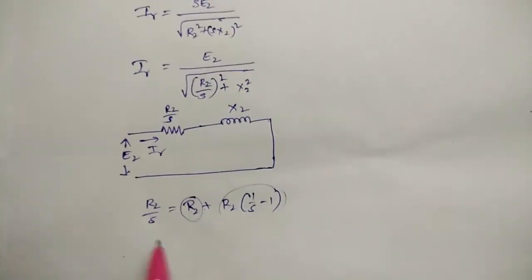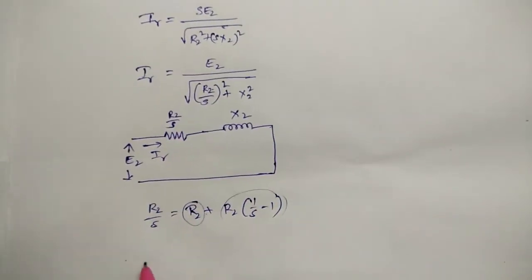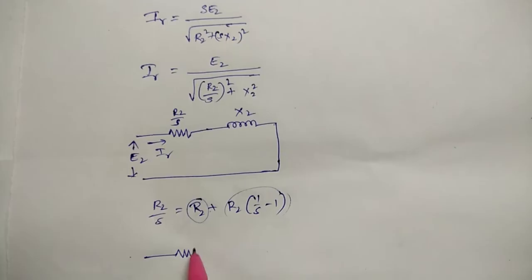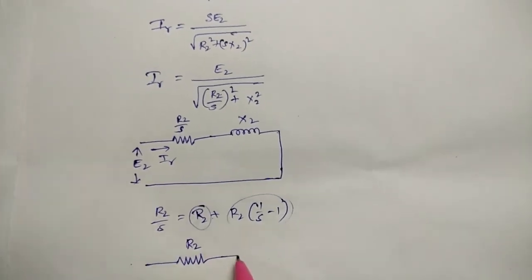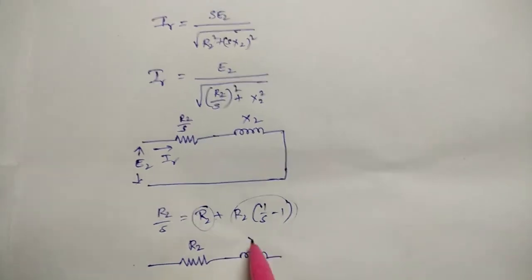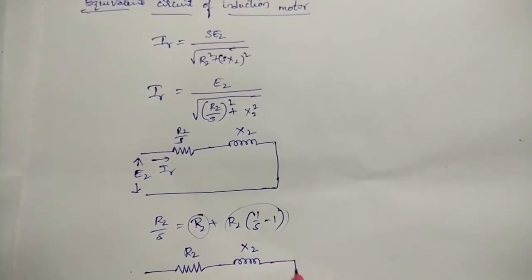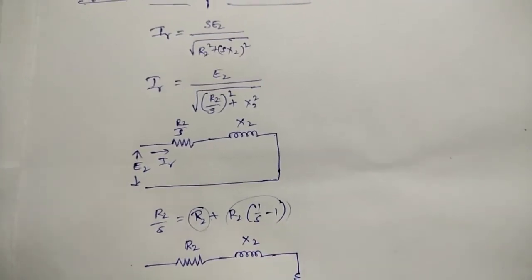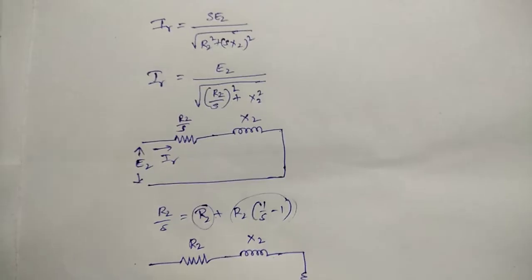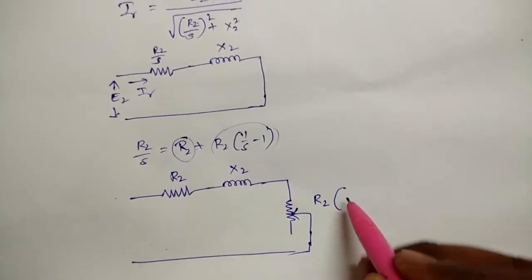So you can replace R2 by S in this circuit like this. This is only R2, where the rotor copper loss will occur, and this is the reactance X2, and this is corresponding to the load. This is a variable, so that's why I have drawn a variable resistor.